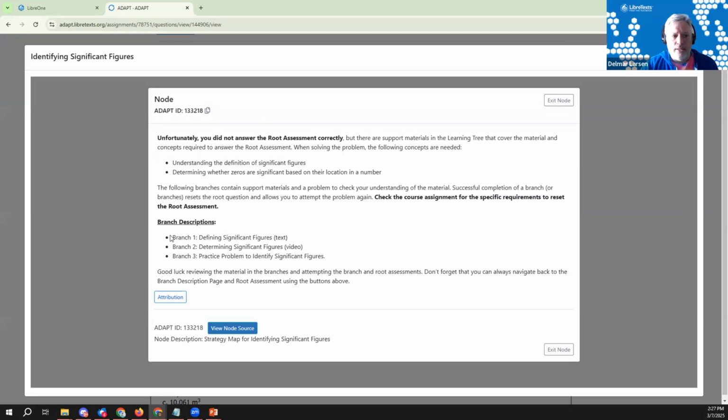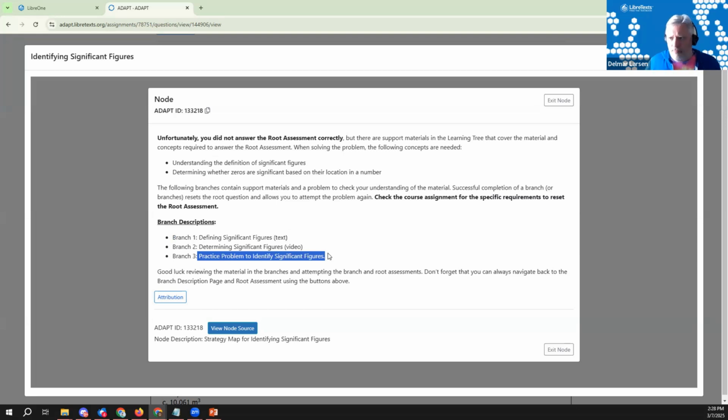Then it says there are 3 branches in this tree, which gives a foreshadowing. The first branch deals with defining significant figures and has a text-based exposition. The second one deals with significant figures, but has a video-based description. The last one is just practice problems, so that you might not learn from exposition, but you'll learn from actually solving the problems. Some people prefer that.